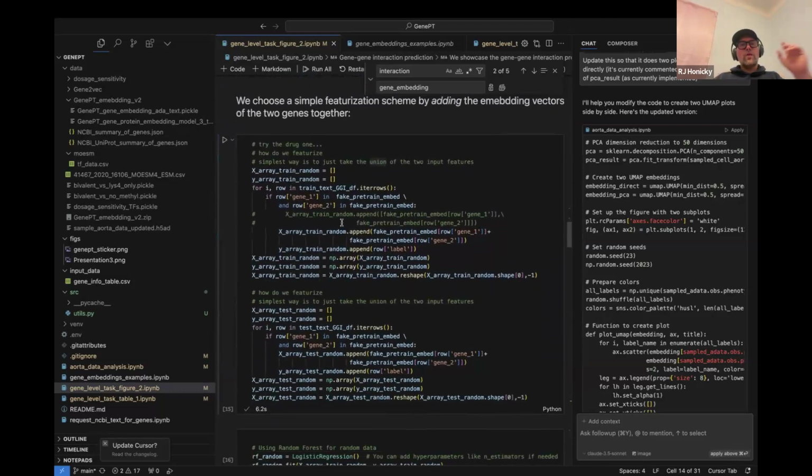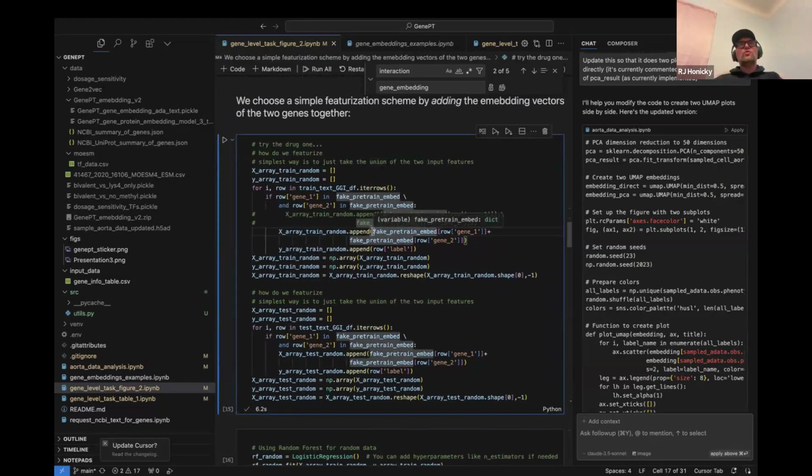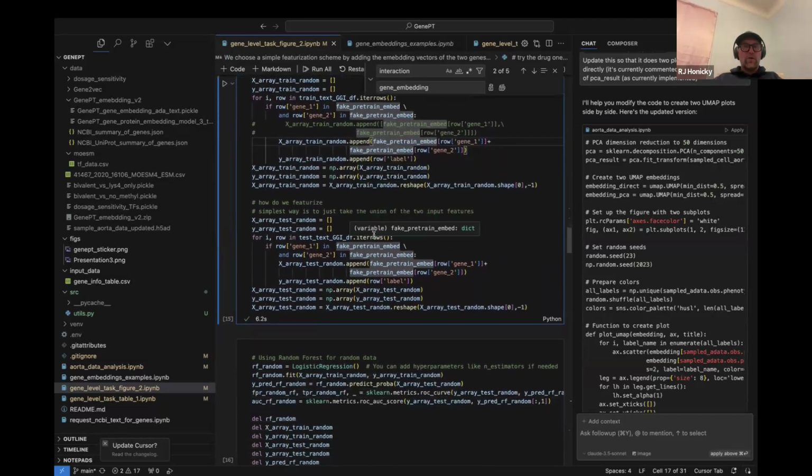Okay, right. What they do is they create an embedding of the two. They take the two gene embeddings and they sum them. So you have two genes, you sum them together, and then you use that. Let's see what they do here.